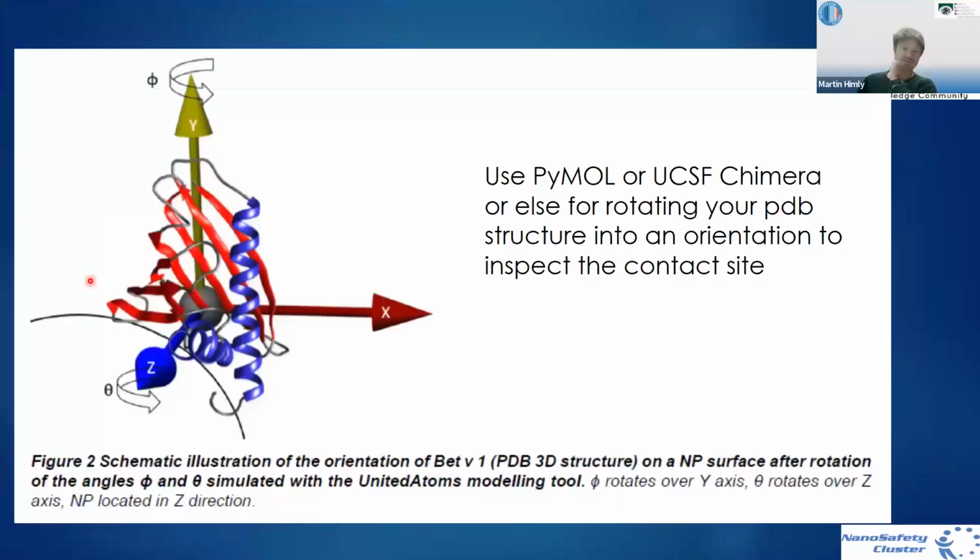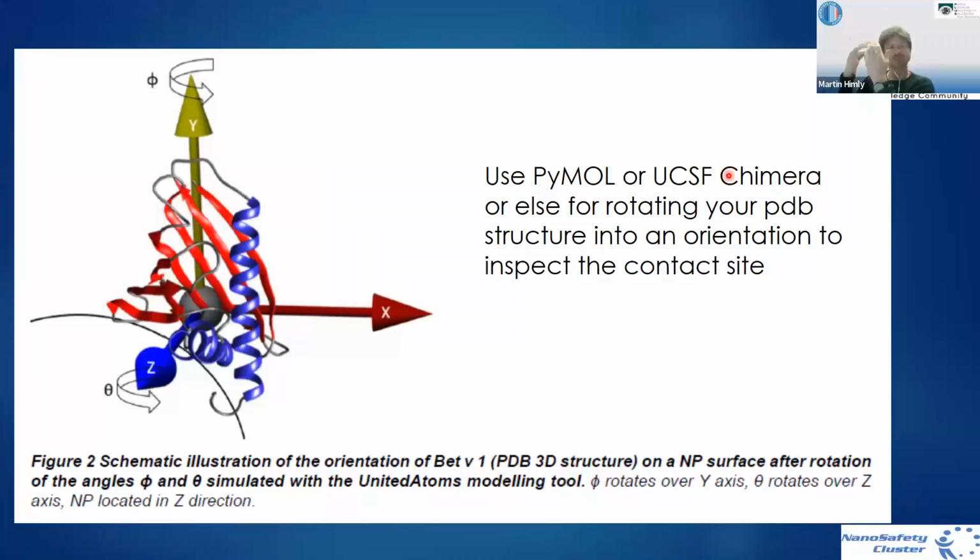How do I interpret such results? Using programs like PyMol or UCSF Chimera, you can rotate automatically the PDB entry that you have retrieved from the database by different angles. If you used such a script, you would see in the end the epitope or the region of the molecule which is somehow facing you.